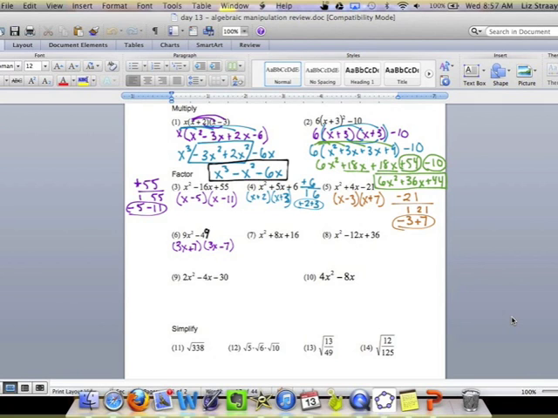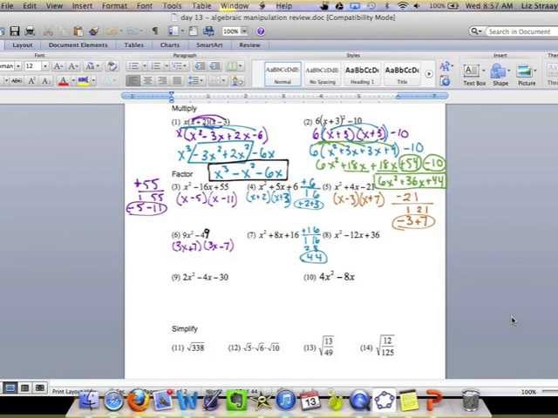Number 7 is a special form, but you might not recognize it from the start, and that's okay. We can still do this one as normal because there's nothing in front of the x squared. So we want to say, what multiplies to make 16? 1 and 16, 2 and 8, 4 and 4. I want to pick the set that I can make an 8 out of, so what set would that be? 4 and 4.